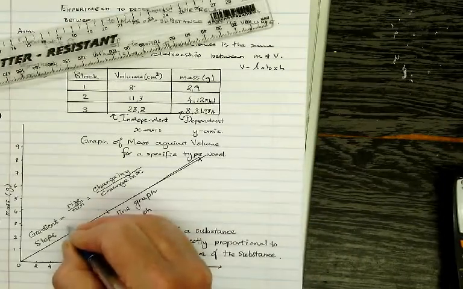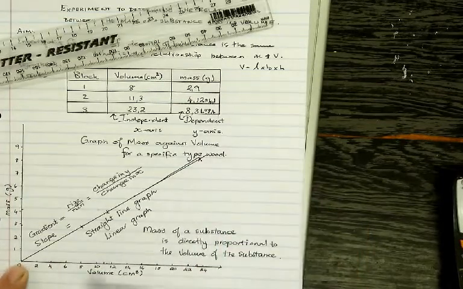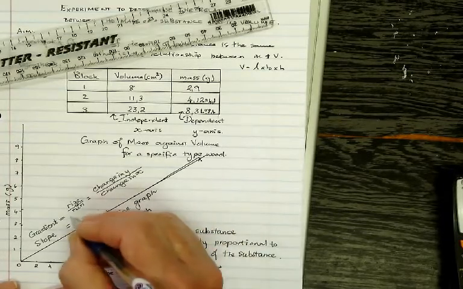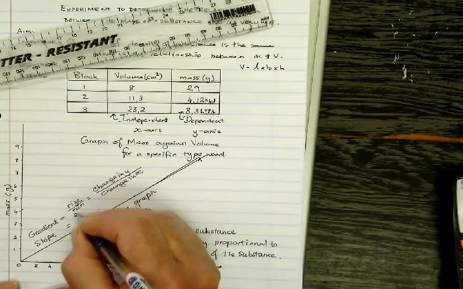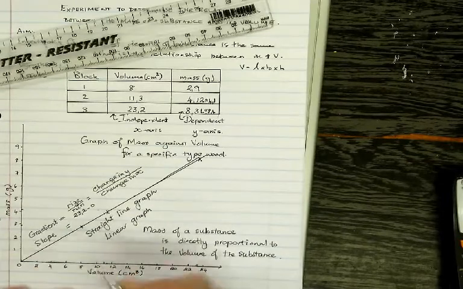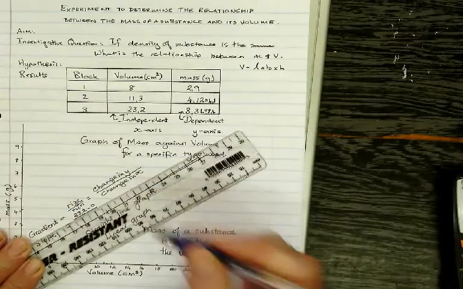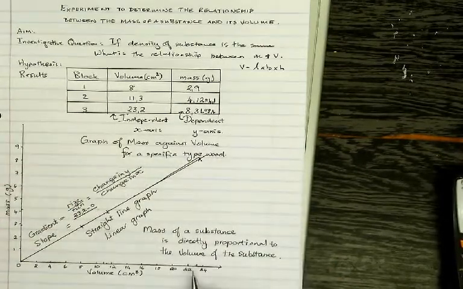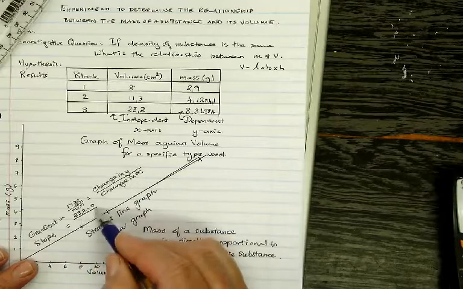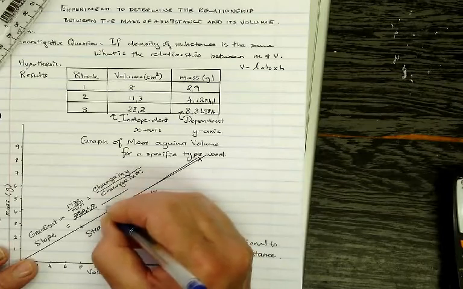So if I go to the last point of the graph, the change in y would be from 0 to 23.2. So the change in y would be 23.2 minus 0, and I'm using 0 because this line goes through the origin. That would be the rise. Oh my, I'm making a mess here. It's the change in y over the change in x. So the change in x is 23.2 minus 0.